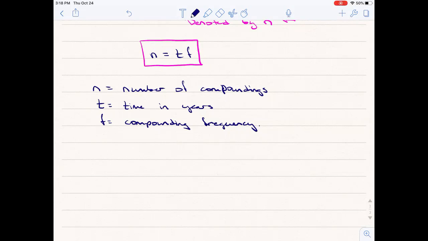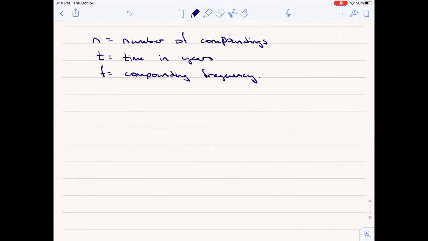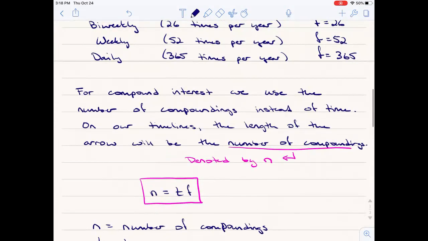So in simple interest, right, we had R as our simple interest rate. Now with compound interest, we're gonna need to talk about our periodic interest rate. Okay?